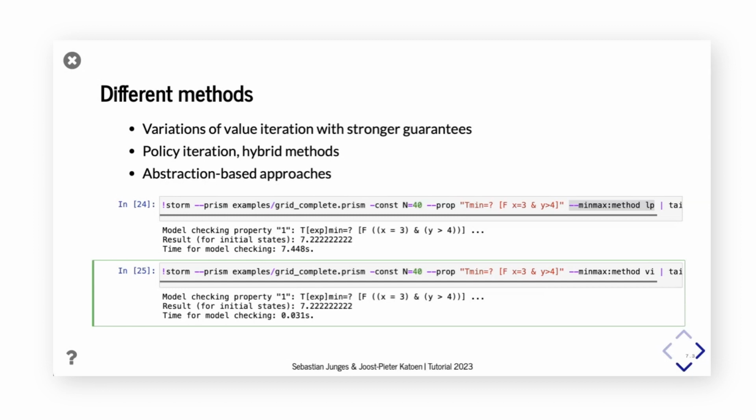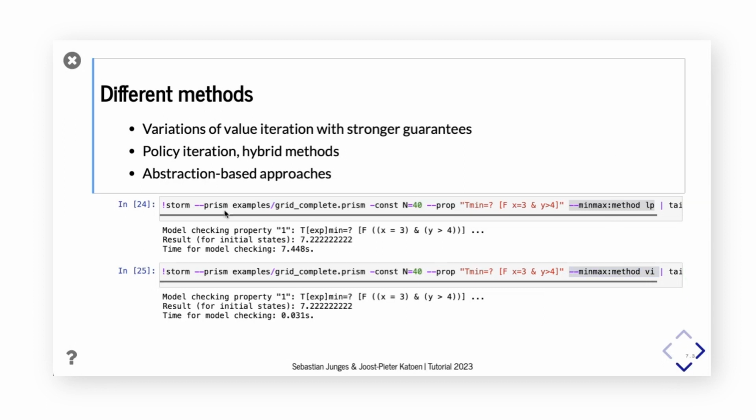There are a few models where doing this with LP solving is much faster than using a VI. Typically, and also the standard way, if you do not tell which method to use, we will be using a VI. But sometimes for expert users, these are important features.